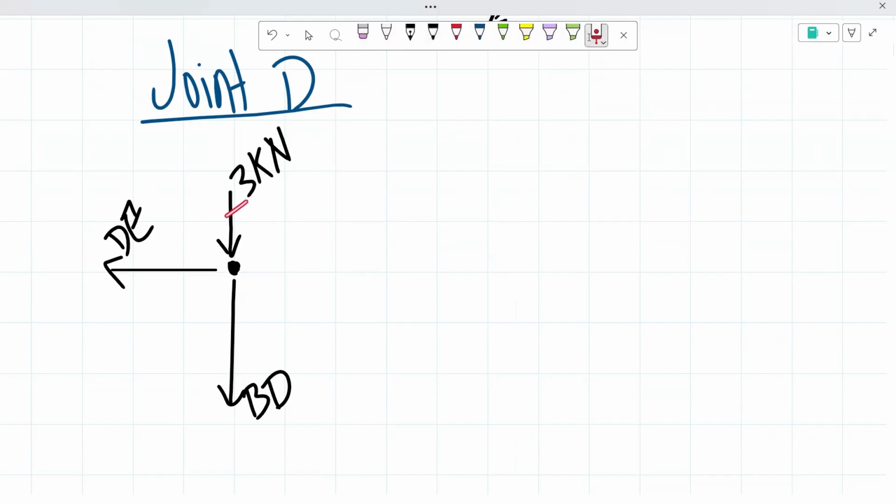One, two, three. From there, we have two linear forces, the 3 kilonewtons and the member BD. And then we have one non-collinear force, which is the member DE, meaning that the member DE would have a force of 0 because it satisfies case 2.